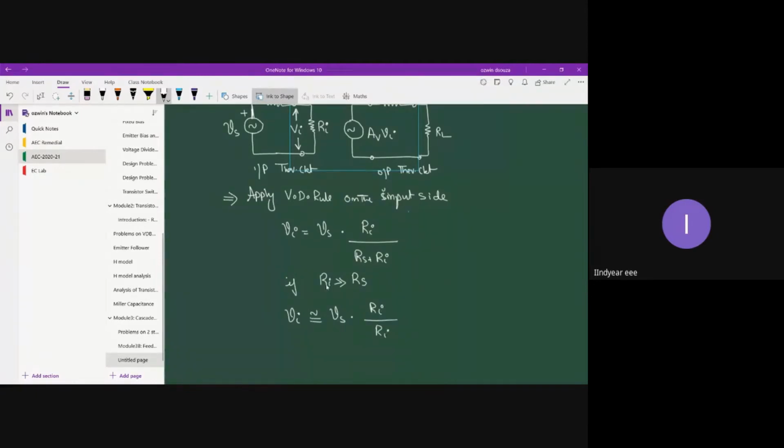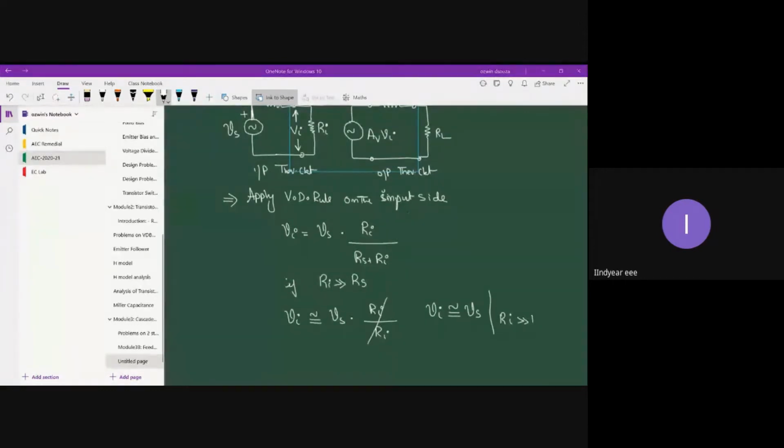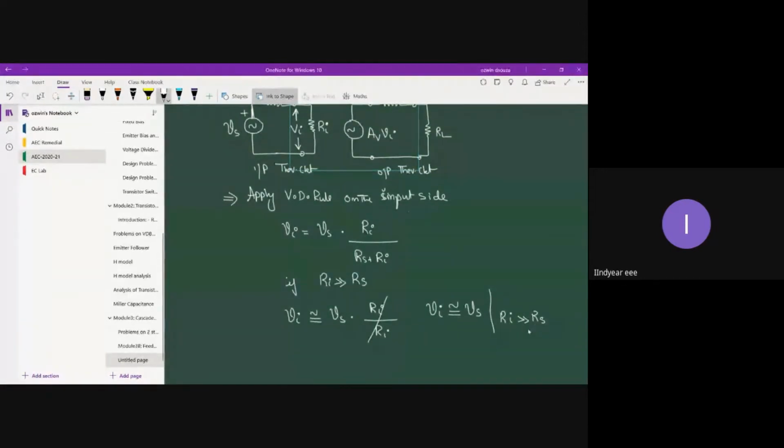That's because Ri is very much greater in comparison with Rs. So in the denominator, you can write off Ri itself, so Ri gets cancelled off. So approximately your input voltage is equal to source voltage, provided your input resistance of the amplifier is very large.